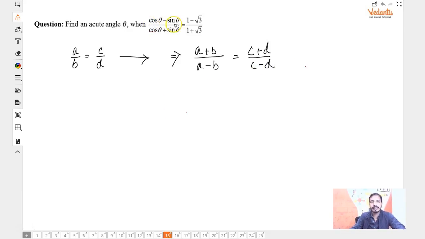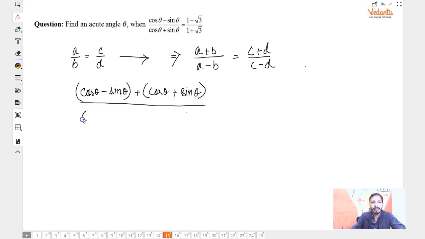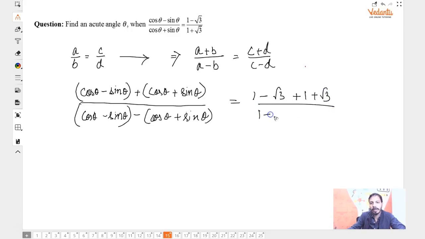Similarly, here let us say this is A and this is B, and this part is C and D. If I apply this, I can write (cos theta minus sin theta plus cos theta plus sin theta) divided by (cos theta minus sin theta minus cos theta plus sin theta) is equal to (1 minus root 3 plus 1 plus root 3) and (1 minus root 3 minus 1 minus root 3).